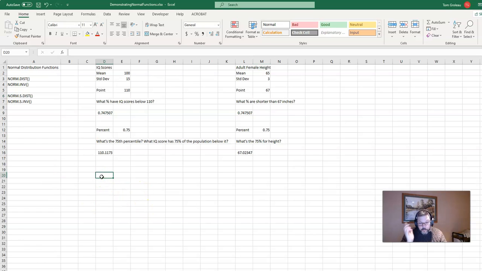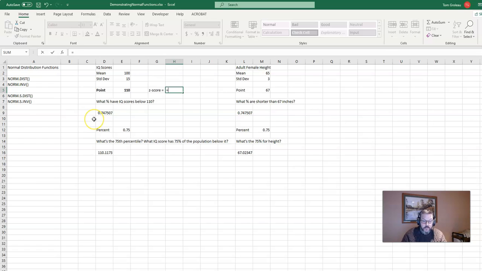You may remember from a stats class something called z-scores. So you took a point, subtracted the mean, divided by the standard deviation, and got a measure in standard deviations. So for this point right here, the z-score for that is the point minus the mean divided by the standard deviation.